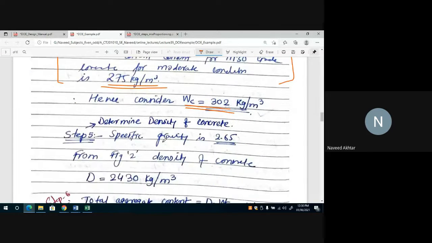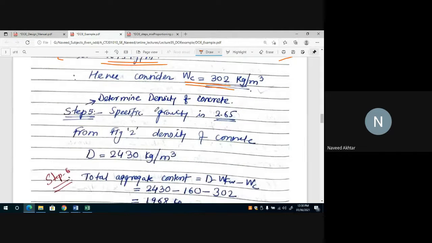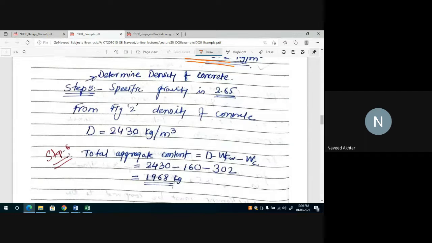Okay. So now determine the density of concrete. To determine the density of concrete, we need the specific gravity of the material.